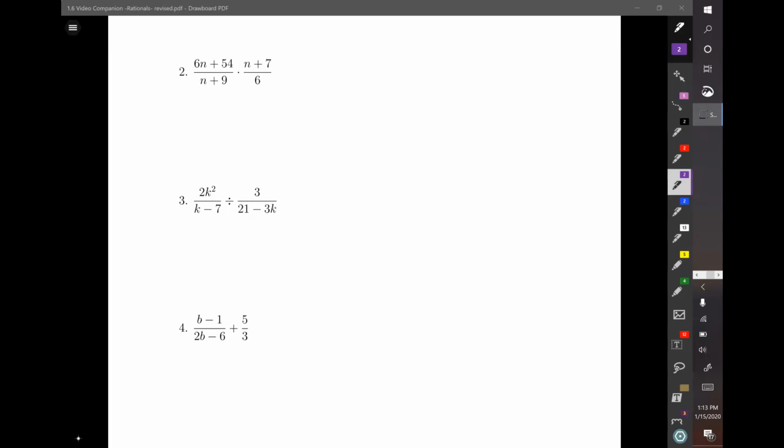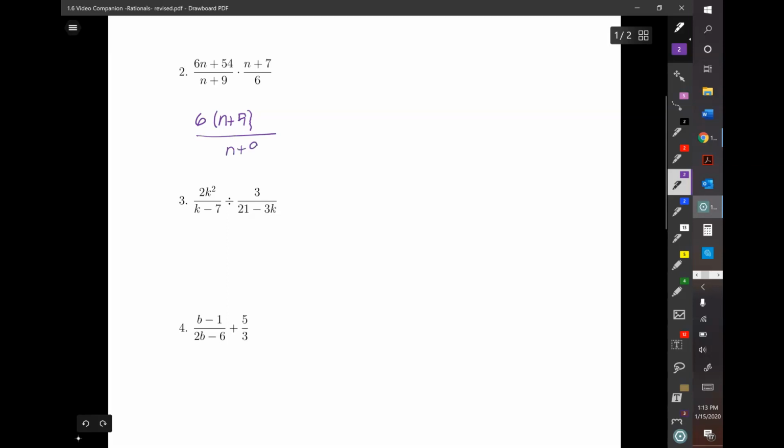So I would have this first fraction. The numerator would simplify to 6 times (n + 9), all divided by (n + 9), times my other fraction, (n + 7) divided by 6.